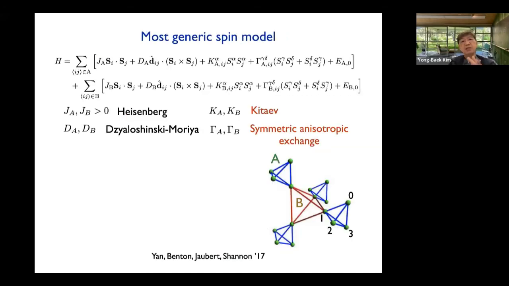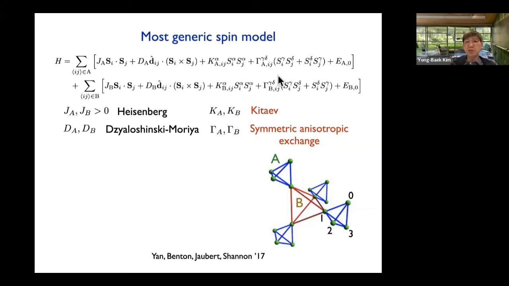Okay, so let's think about a very generic nearest neighbor spin interaction. This is basically the most generic model. We can have a Heisenberg interaction on the A and B tetrahedra, and we can have Dzyaloshinskii-Moriya. We can also allow a Kitaev interaction, and then there are also what we call symmetric anisotropic exchange interactions. You are familiar with these Kitaev and gamma interactions from all these discussions about the Kitaev model, K-gamma model, and things like that.